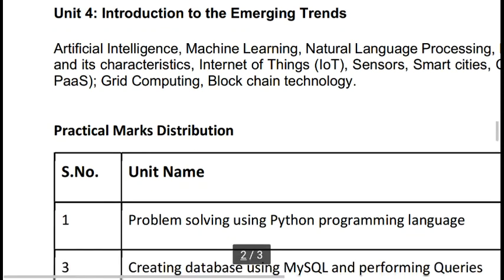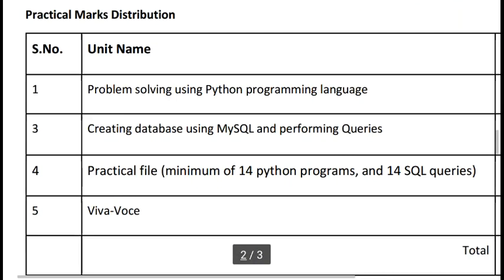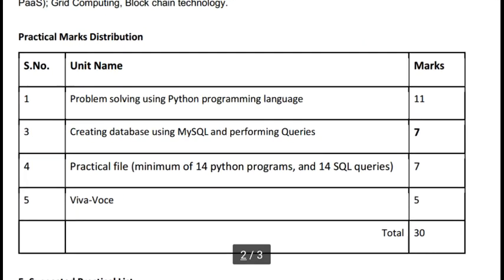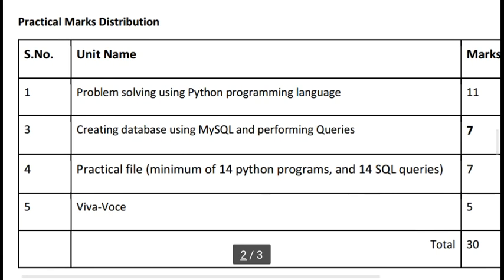Okay, now at last you will create a practical file. In the practical file you will collect 20 Python programs and 10 MySQL programs separately. Okay, so you can see the practical file marks distribution.